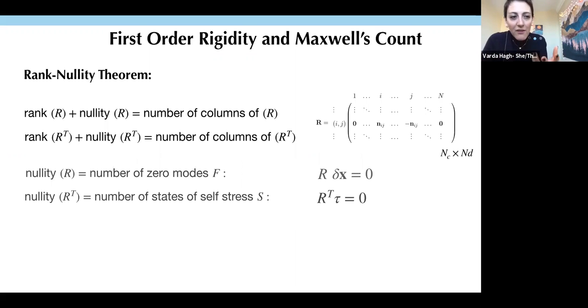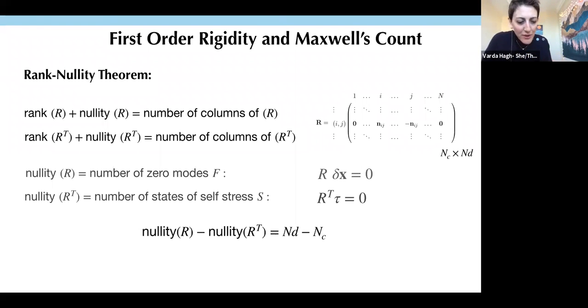So I can subtract these two equations at the top, and because rank of R equals rank of R transpose, these cancel each other out, and we are left with nullity of R minus nullity of R transpose equals the number of columns in R, which is ND, minus the number of columns in R transpose, which is the number of rows in R, or NC.